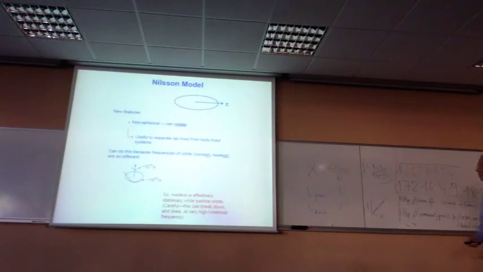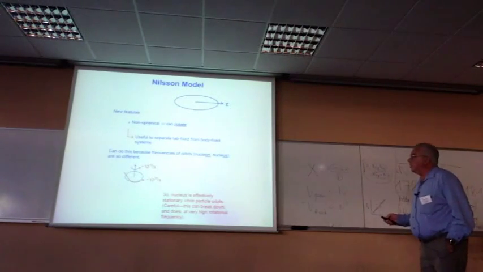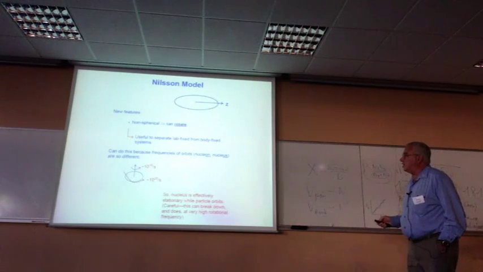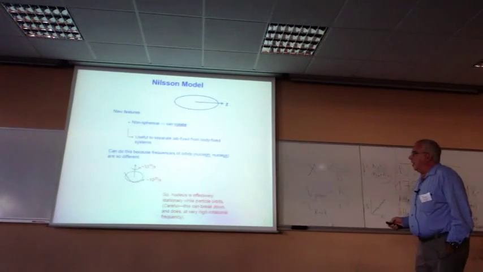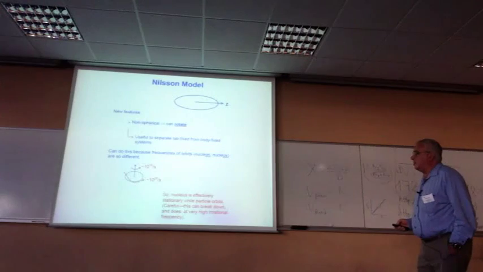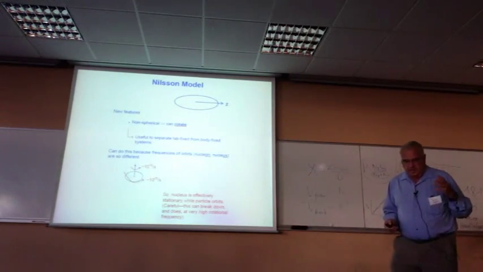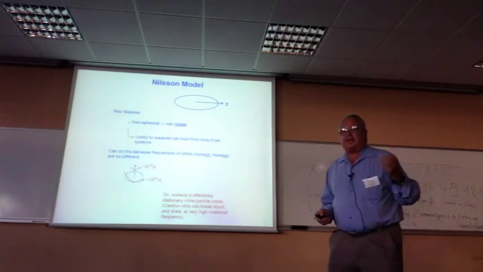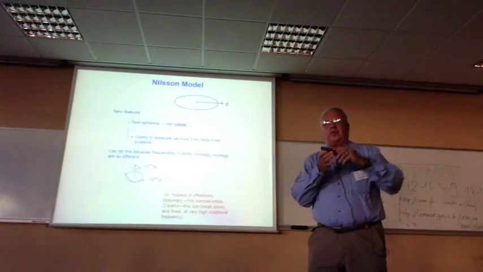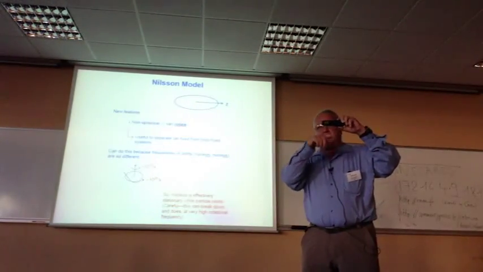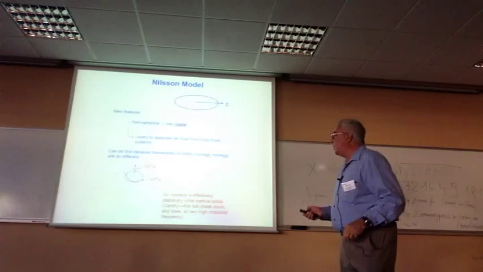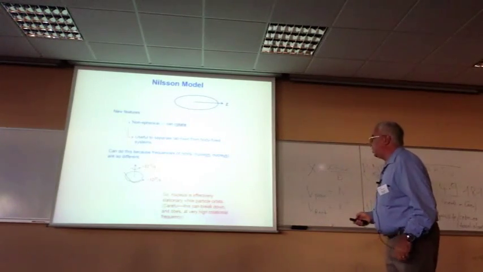Okay, so here's the Nilsson model. Here's a deformed nucleus. It's non-spherical, so it can rotate. The Nilsson model is solved in the body-fixed frame of the nucleus. That is, it describes what happens inside this nucleus. But the nucleus exists in space, so it can also rotate.